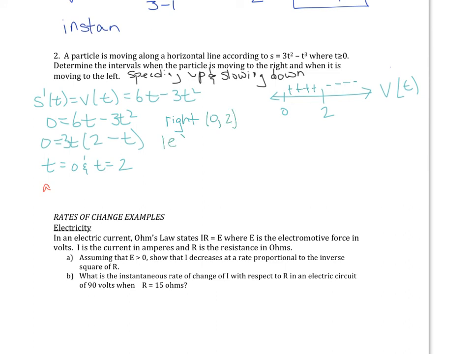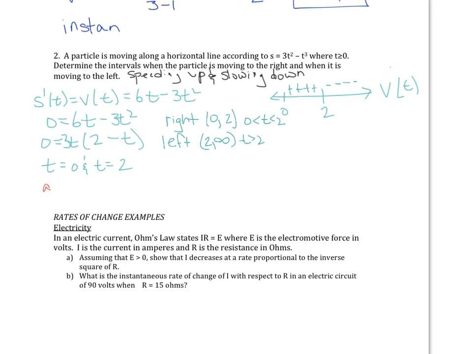I'm moving to the left, which is backwards, when t is greater than 2, so we'll say 2 to infinity, like that. Again, you can write it in the other notation, 0 less than t less than 2. You can also write it as t greater than 2.